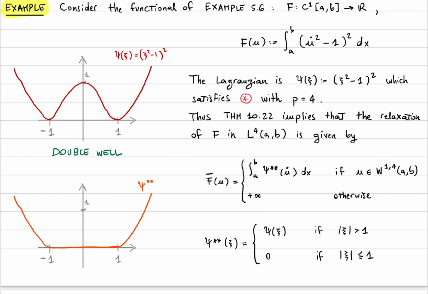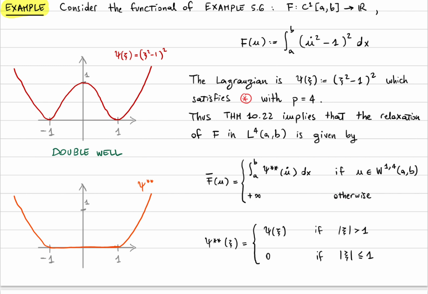So in the case when it has a minimizer, because of the property inf of f equals min of f bar, which we proved in general, the minimizer you find for f bar is also a minimizer for f thanks to the trivial lemma.